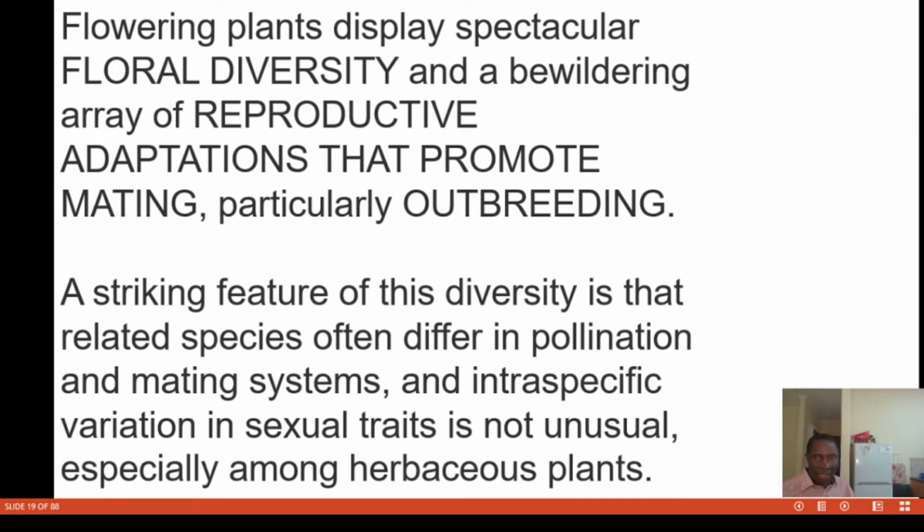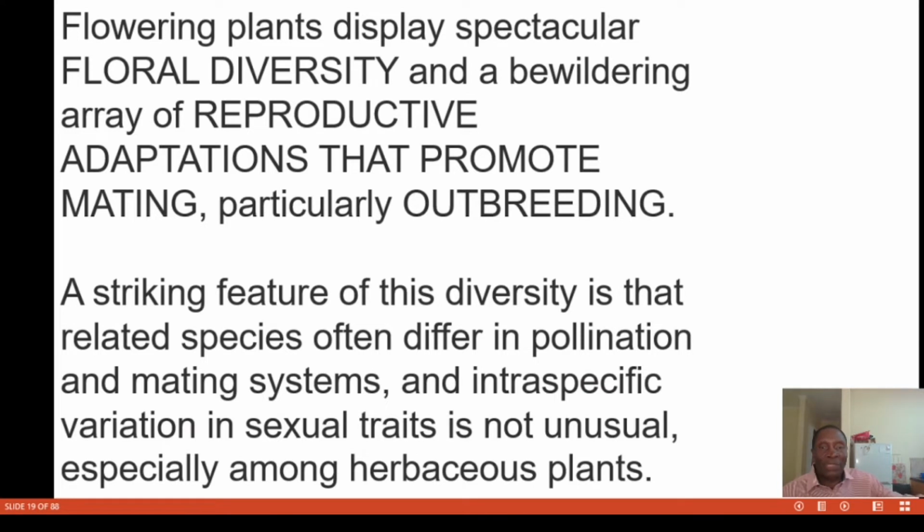A striking feature of this diversity is that related species often differ in pollination and mating systems. And interspecific variation in sexual traits is not unusual.